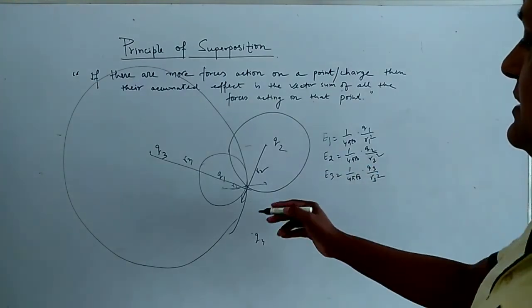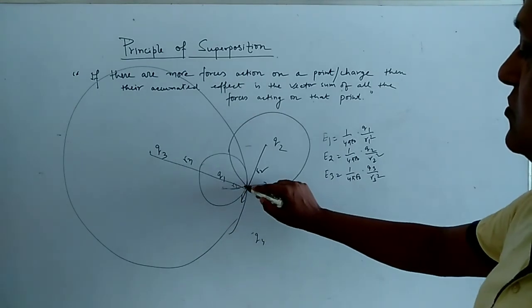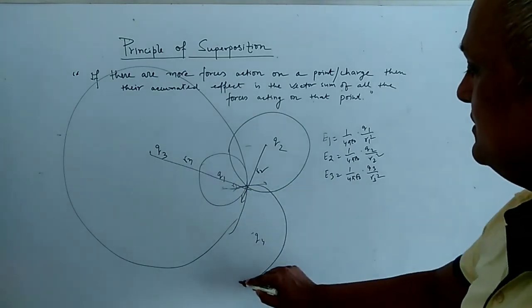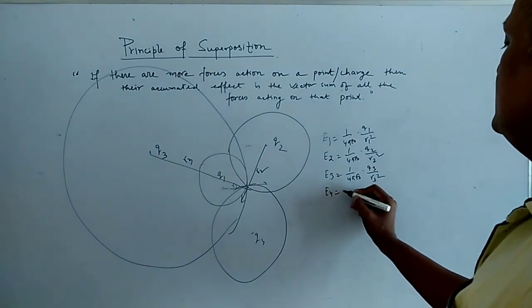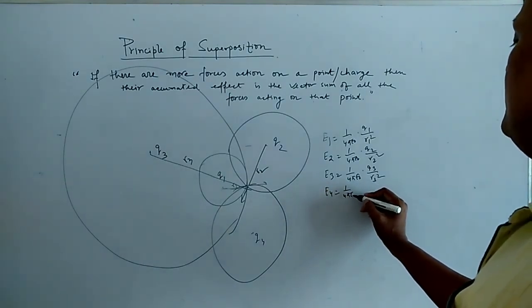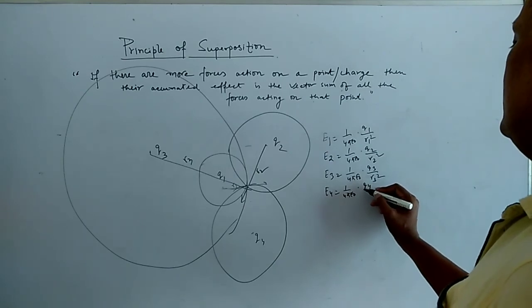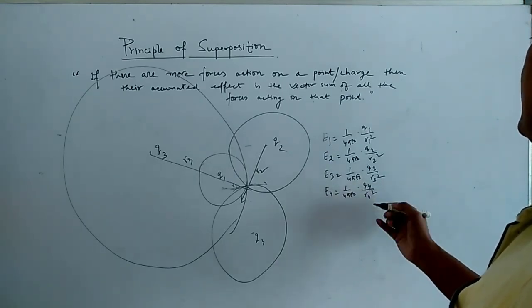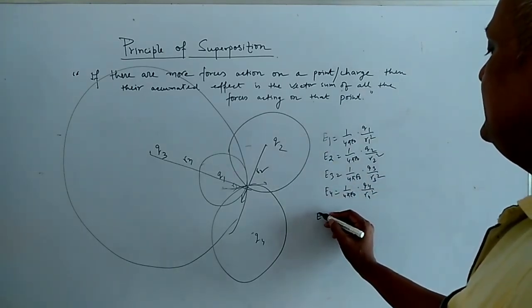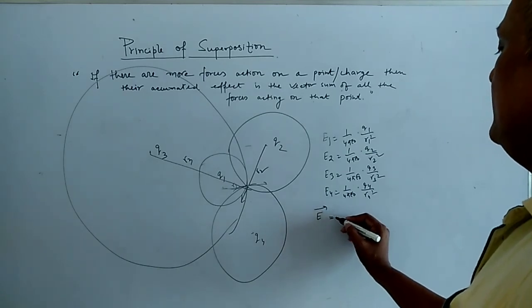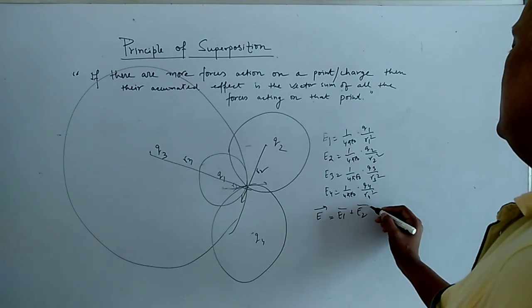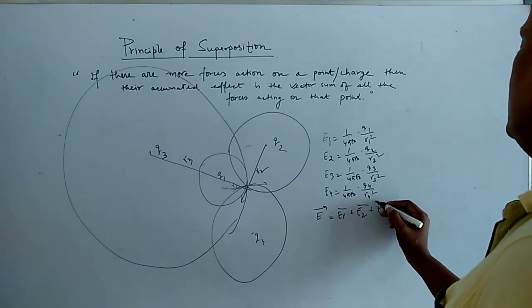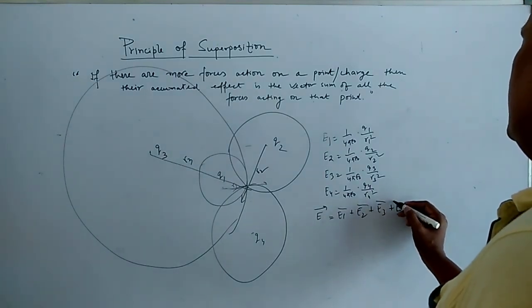And the same thing we can do for q4, so now my circle will be something like that. So that will be E4 is 1 by 4 pi epsilon naught q4 upon r4 square. And then the resultant electric field will be the vector sum of E1 plus E2 plus E3 plus E4.